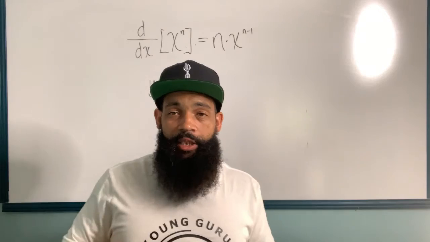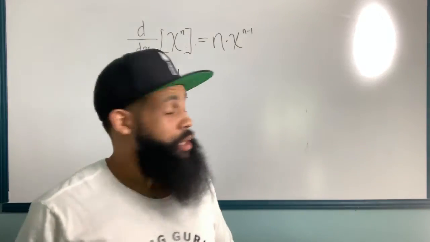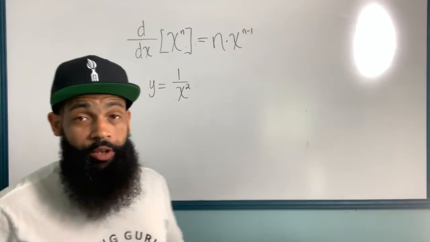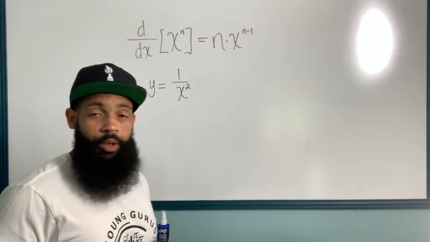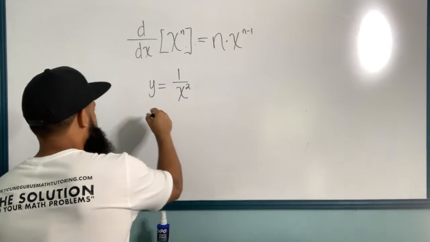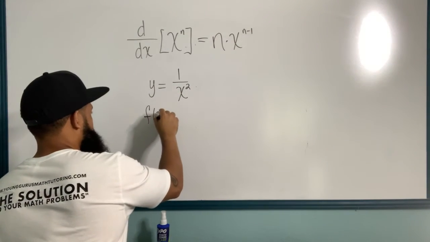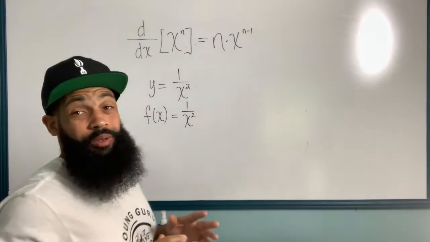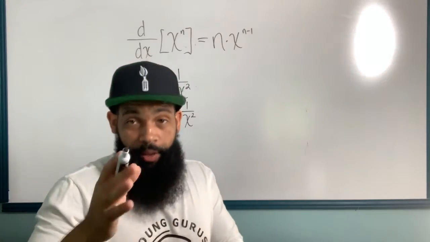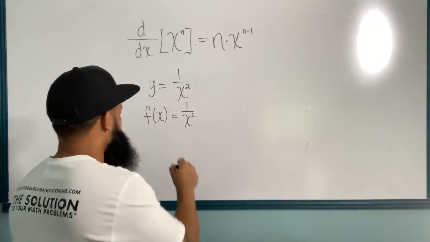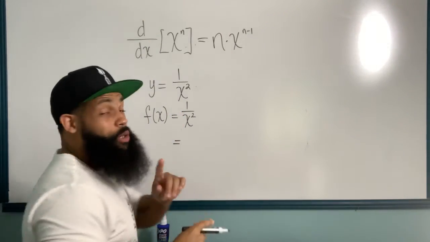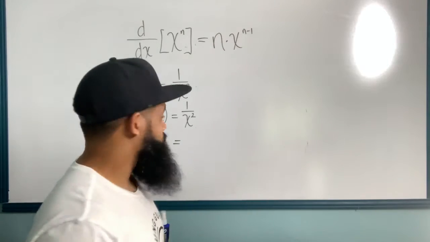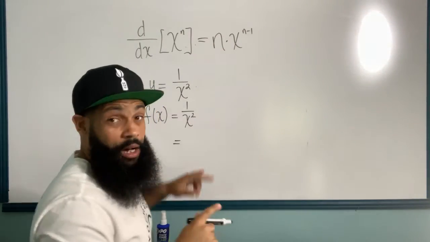Now, if I want to find the derivative of this last function, notice this one is not in function notation. It is y equals 1 over x squared. So I could write it in function notation. I could say f of x equals 1 over x squared. The notation is not important, but the process is going to still be the same. So we're going to rewrite this as an exponent without a fraction.